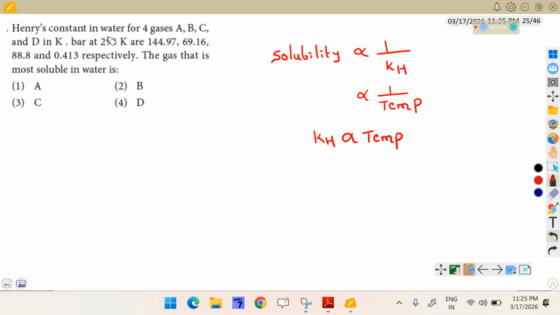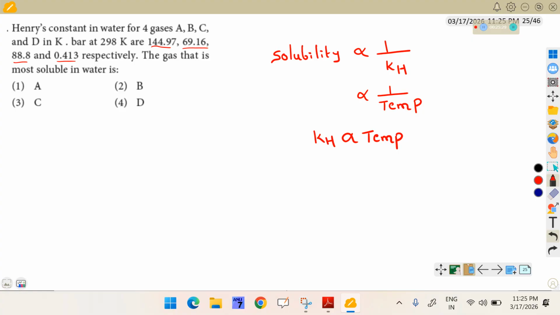Henry's constant in water for 4 gases A, B, C, D in kilobar at 298 kelvin are 144.97, 69.16, 88.8 and 0.413 respectively.